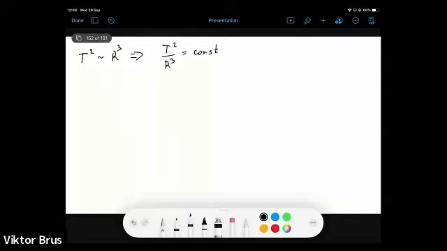So now let us recall the equation which describes centripetal acceleration in terms of linear velocity and radius. We can write that centripetal acceleration is equal to v squared divided by r.